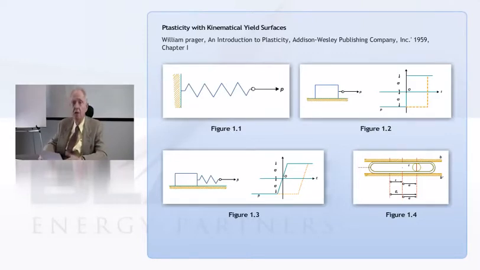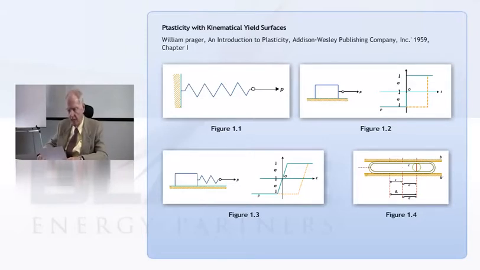So they draw a picture of a little spring like this, figure 1-1 on the slide. And I guess that's okay. You have this notion in your mind that you pull on it, it stretches, you let go, it comes back. Then there's a notion of a plastic element, and that's like a block that weighs something sitting on a frictional surface.